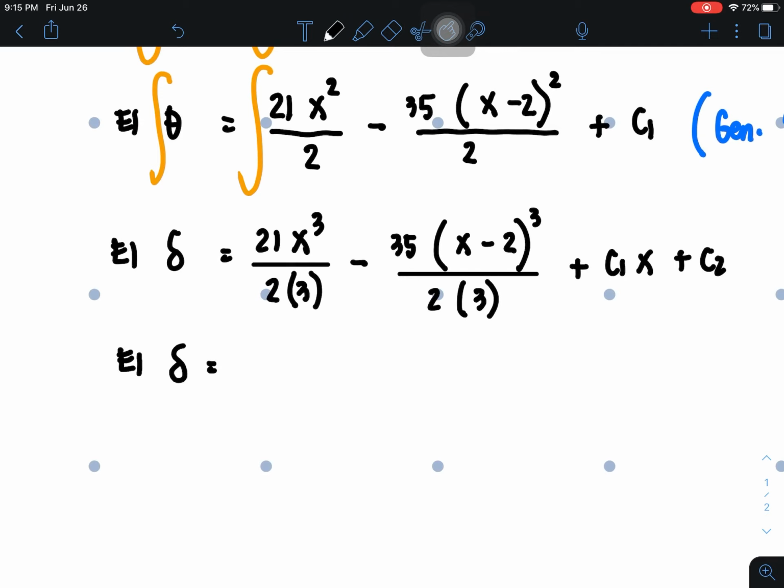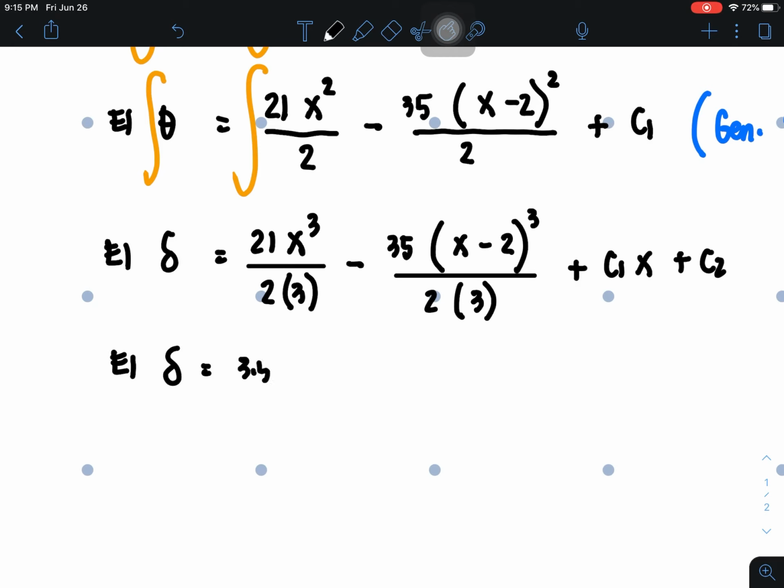Deflection, that is 3.5 x cubed minus 35 divided by 6, so that's 35 divided by 6, and this is (x minus 2) cubed.